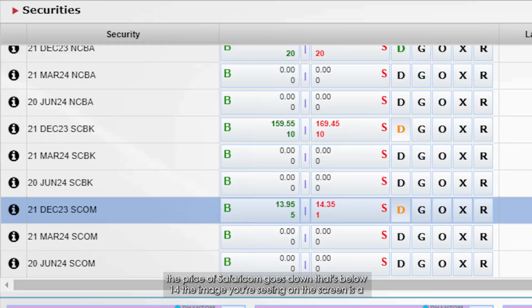The image you're seeing on the screen is a screenshot of the trading board on the trading system, that's Avento. So let's go through it. Clicking on B, that's buy, means you want to go long on the contract, while clicking on sell, that's S, means you want to go short on the contract. The numbers below the prices represent the numbers of contracts available at that specific price on both ends at the moment.